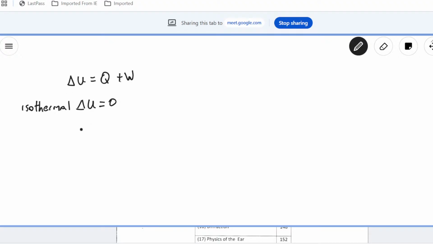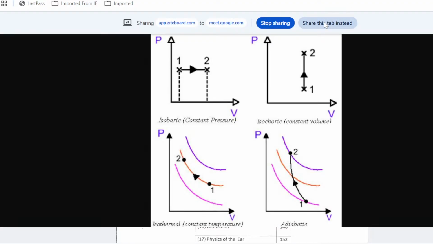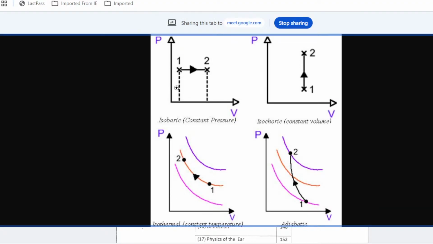So the implication from that would be Q is equal to that. So you can look at how the first law of thermodynamics equation is affected by the various conditions. If it's constant pressure, that means P is constant but V is changing.